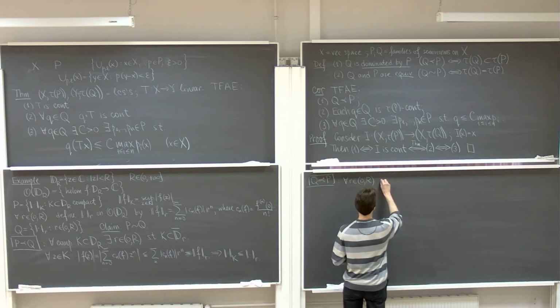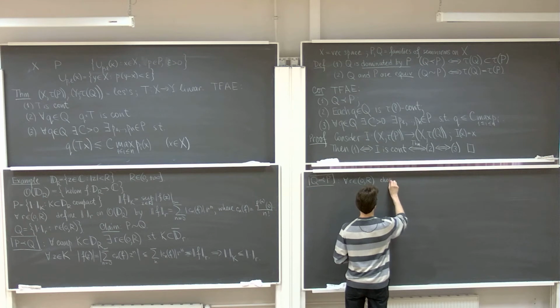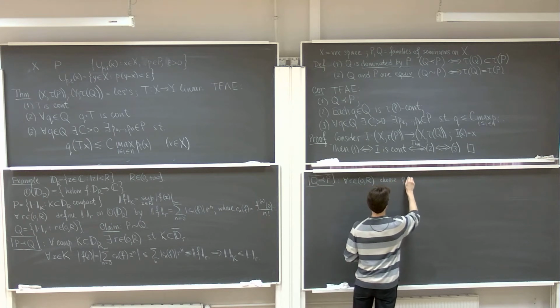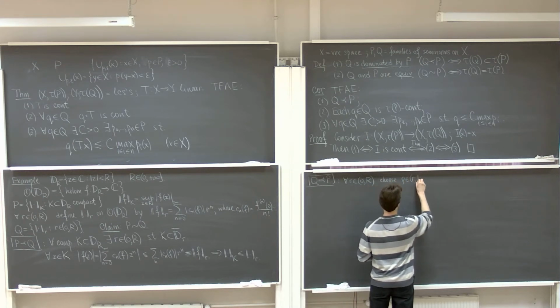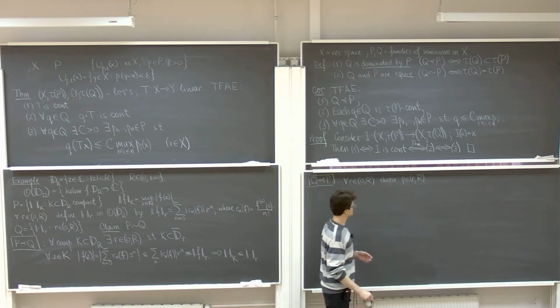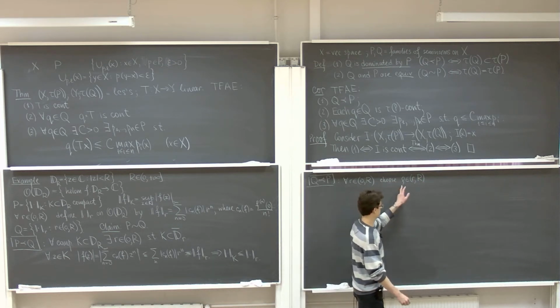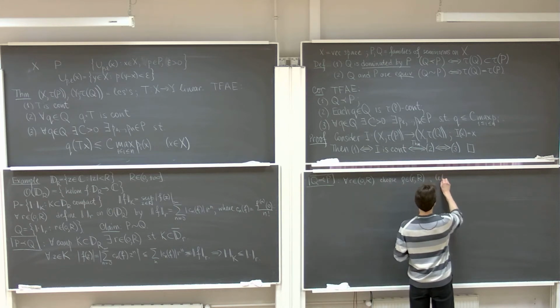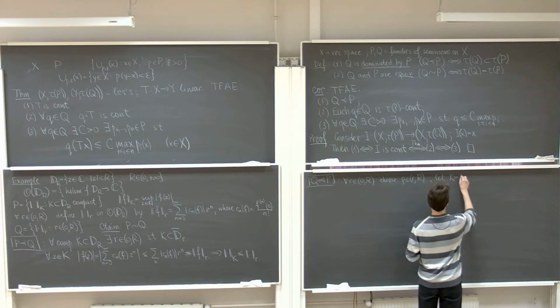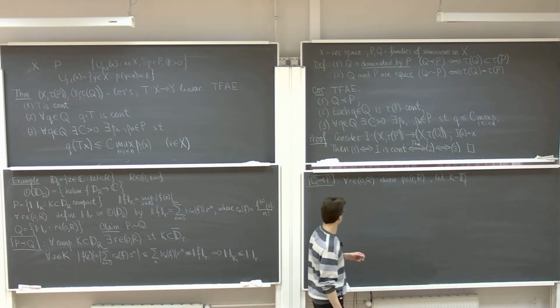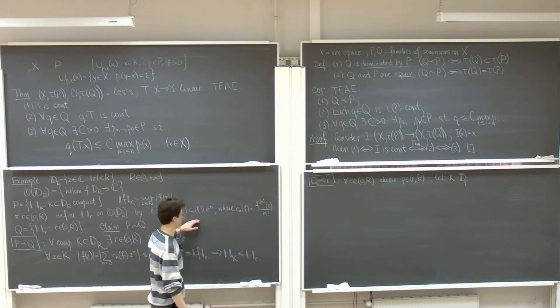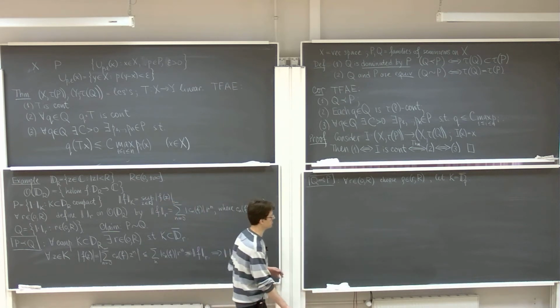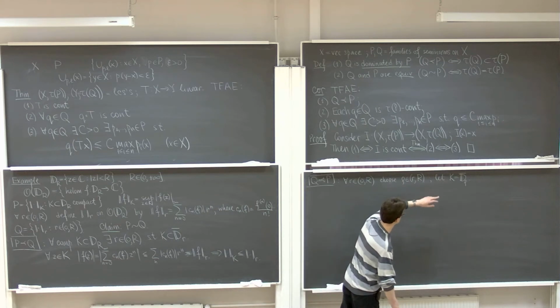We choose and take an arbitrary number rho strictly between little r and big R. It's essential that rho is strictly bigger than little r. And let K be the closed disk of radius rho. So I claim that this norm is dominated by the supremum over this closed disk K.